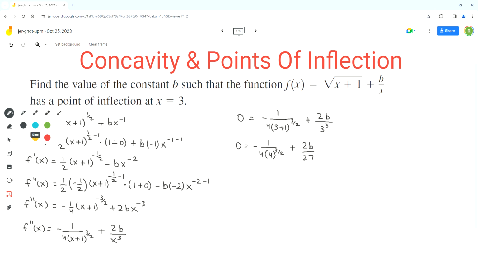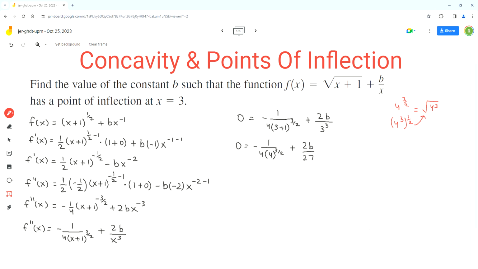I can show you the steps on the side. 4 exponent 3 over 2 can be written as square root of 4 cubed, because 3 over 2 can also be written as 4 exponent 3 and then the outer exponent 1 over 2, and exponent 1 over 2 is basically square root.